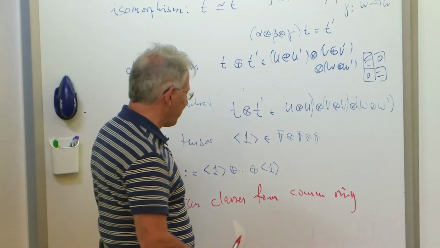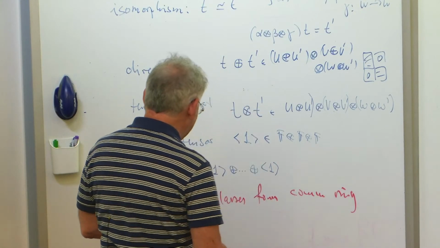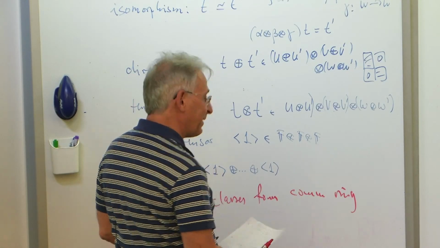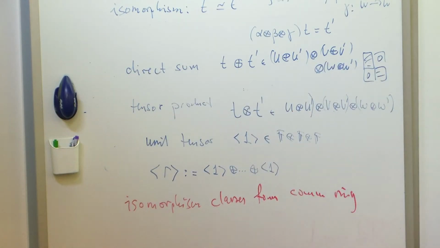I think it is very important to have this clearly in your head when you make proofs, so you get a very clean way of writing down things. So this is the commutative ring, but that's not all.